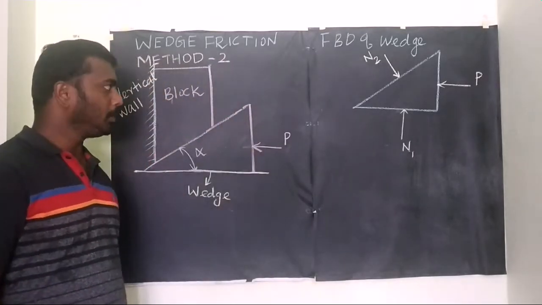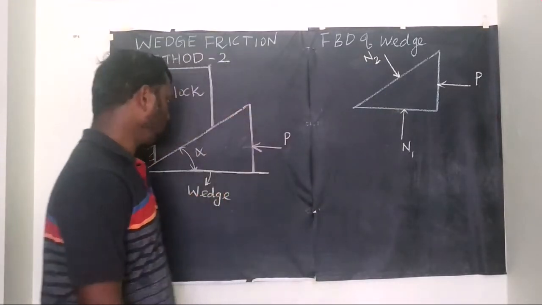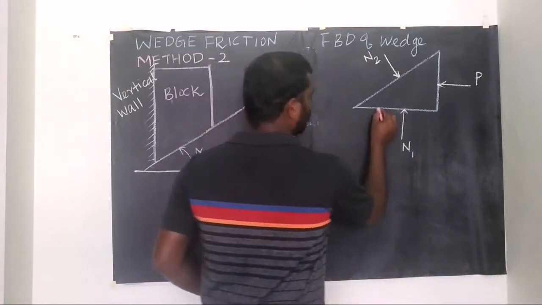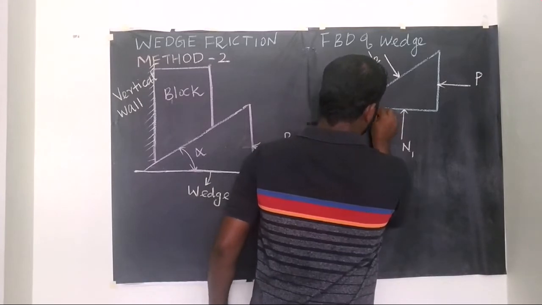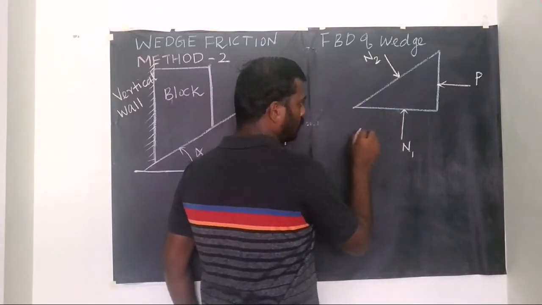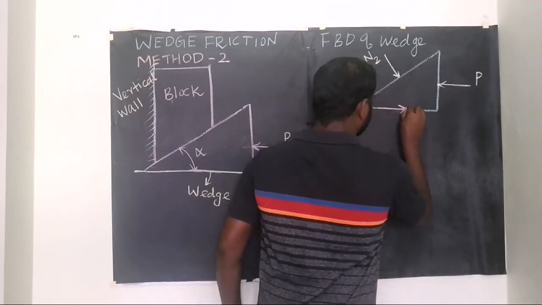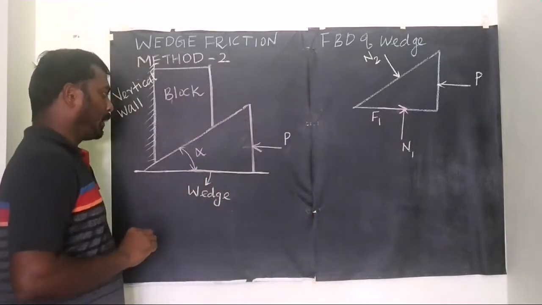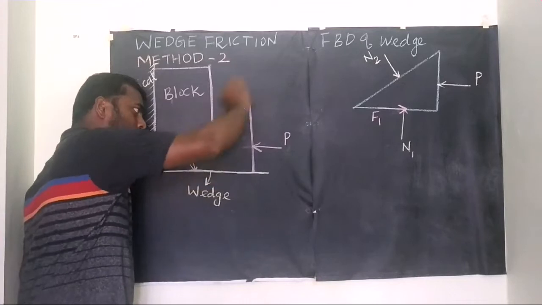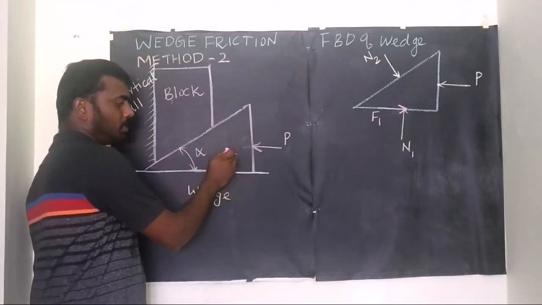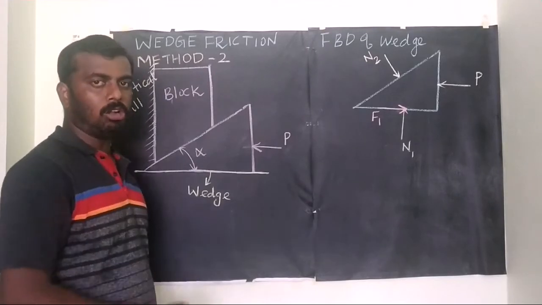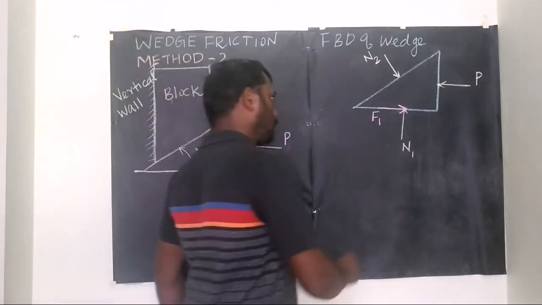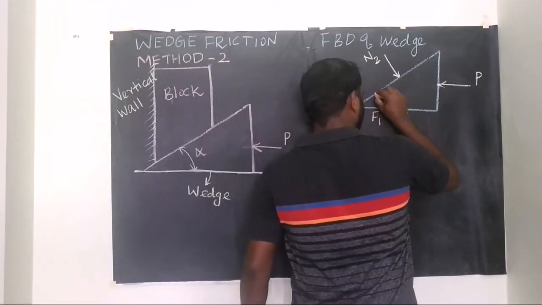These two forces should be shown on our free body diagram. This is my limiting friction force F1, acting towards the right. Then on this inclined plane, the friction force acts upward, because this wedge is moving towards the left. The limiting friction force always acts opposite to the wedge movement. This is my limiting friction force F2.